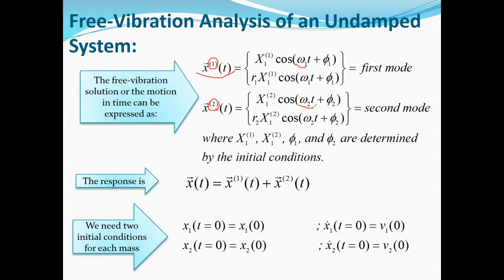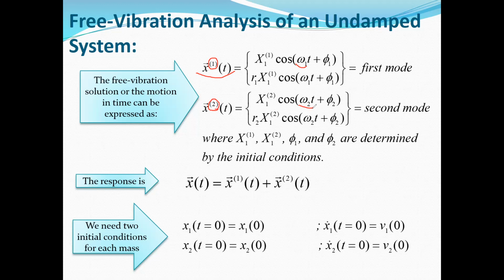In fact, we are calculating the homogeneous response similar to the single degree of freedom system, because this is the undamped system, and we are using this solution to obtain the transient response of a 2 degree of freedom system.